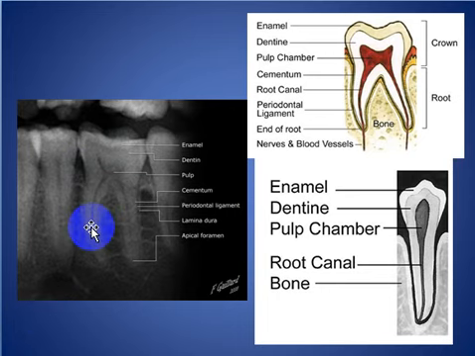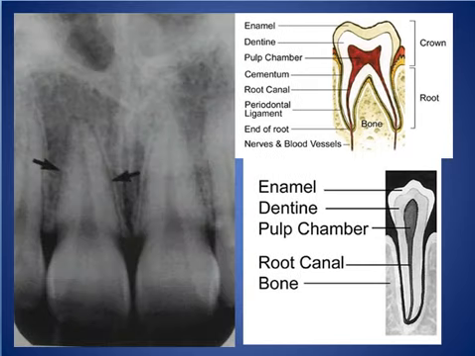It is attached to the periodontal ligament. As we see here, this is the periodontal ligament. It is a radiolucent line surrounding the cementum, and it is composed of collagen tissue, and it is surrounded by the lamina dura.